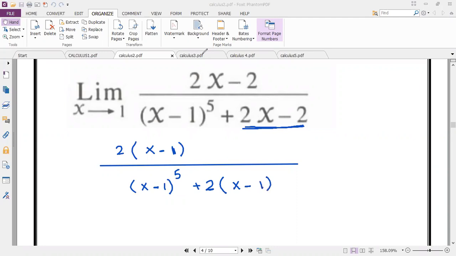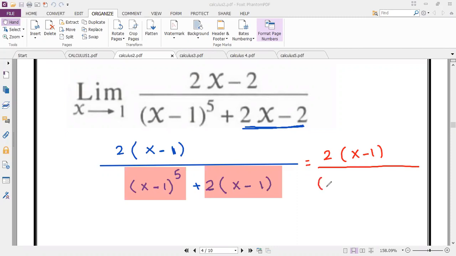If we look at the denominator, we have here down (x minus 1) to the power of 5, and we have here x minus 1. So we can take x minus 1 as a factor, okay? And you are going to write the top as 2 times (x minus 1) over.